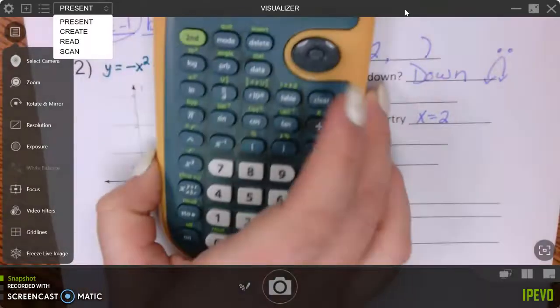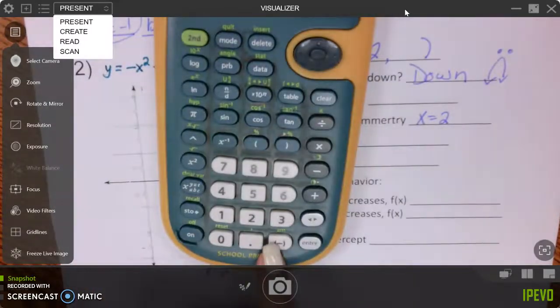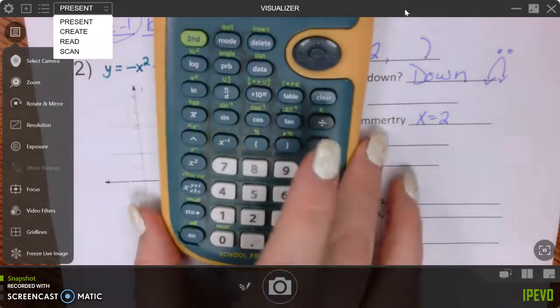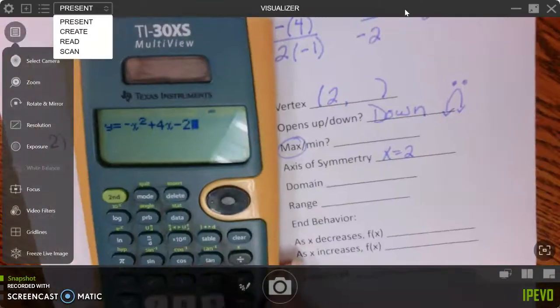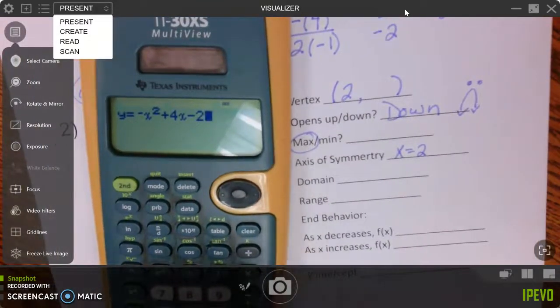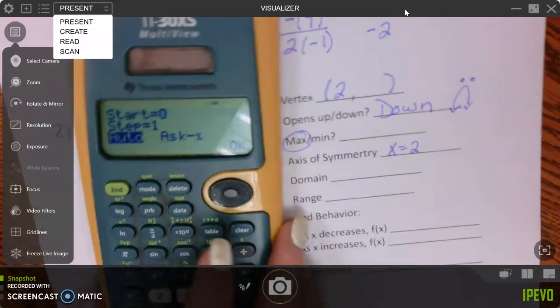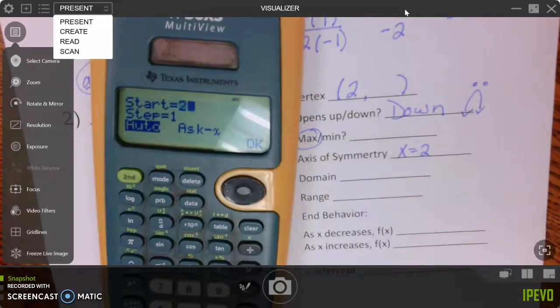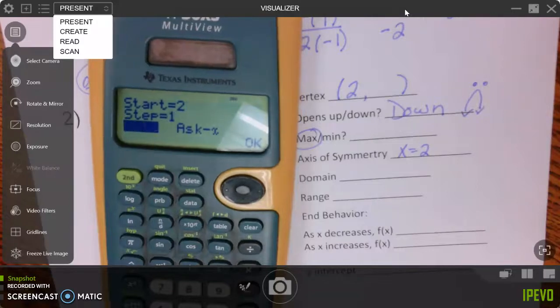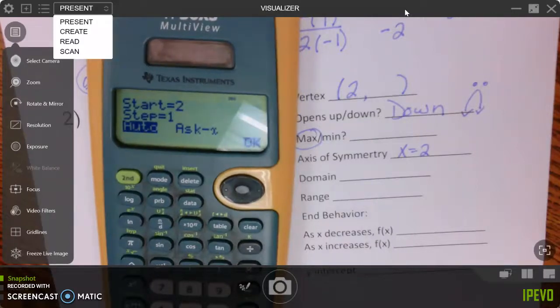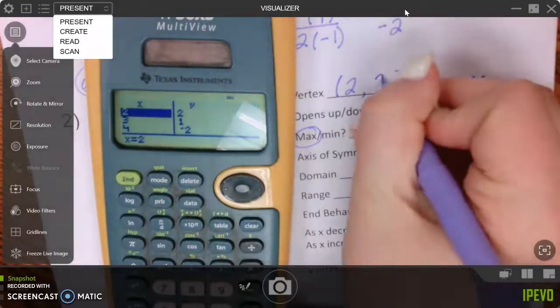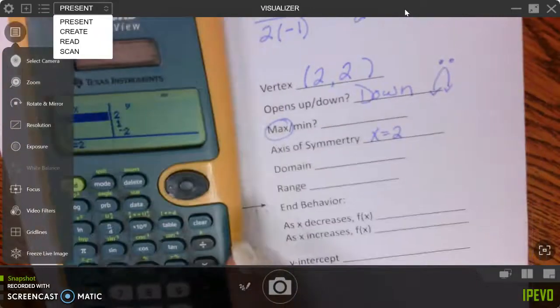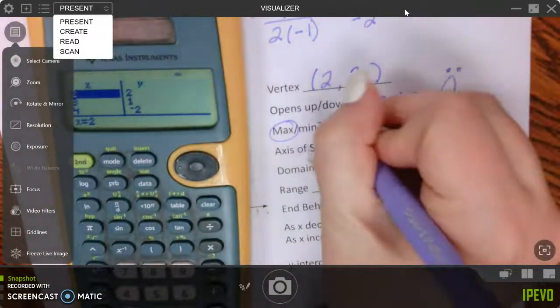Some people, they'll type this negative instead of the minus, and your calculator will not do that. So be careful there. Okay, now hit enter. Remember my trick, we want to start our table at 2, whatever that x-coordinate is. If we start at 2, that's going to automatically bring us to our vertex, which is 2, 2, which means your maximum is at 2.